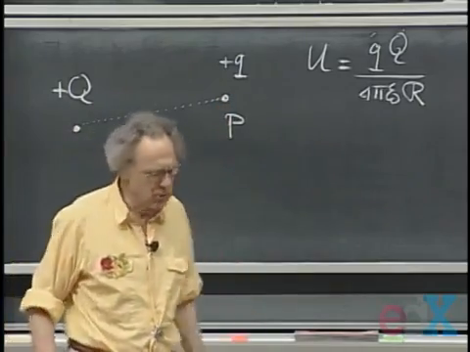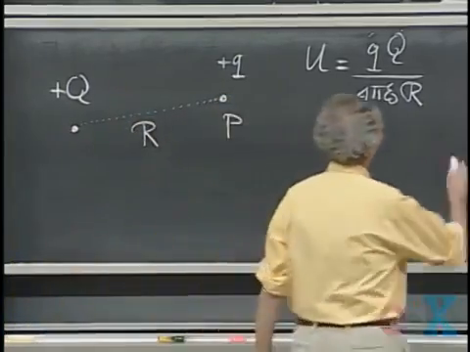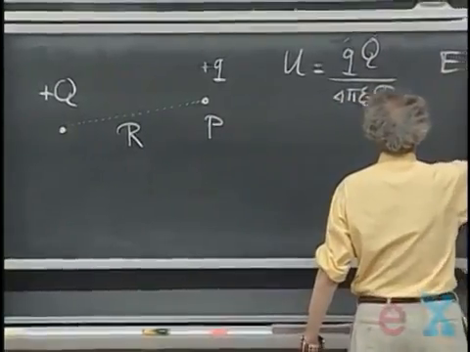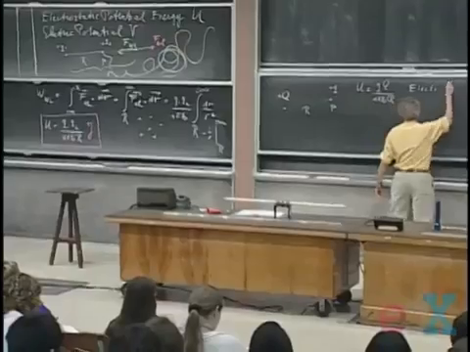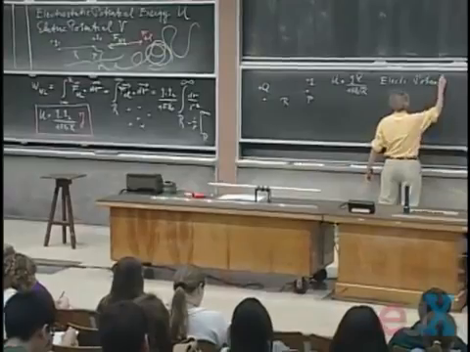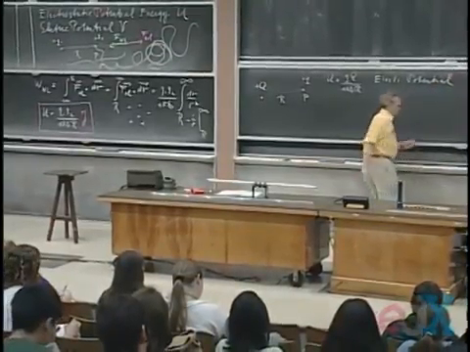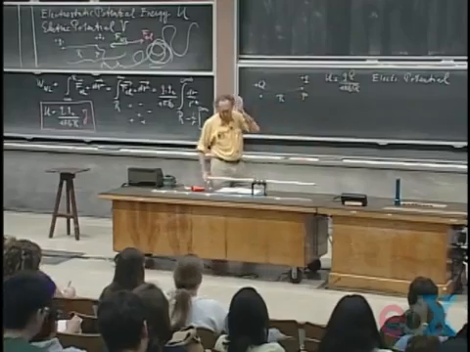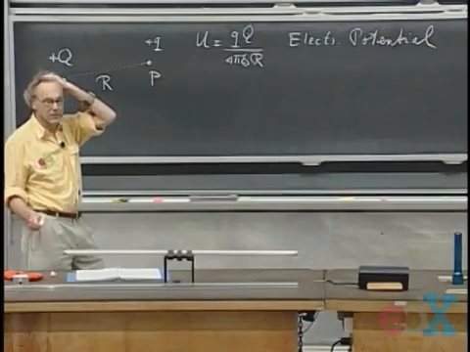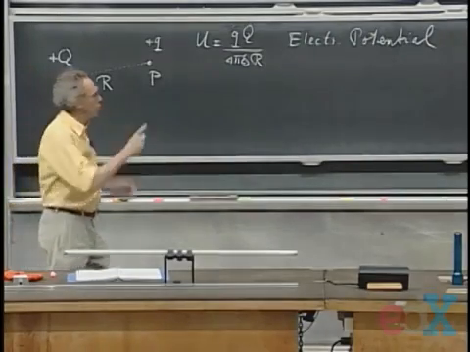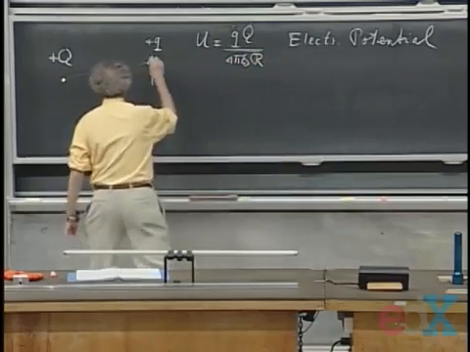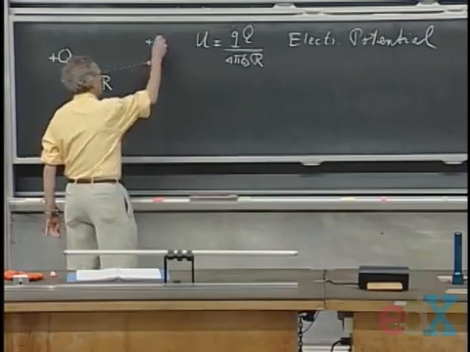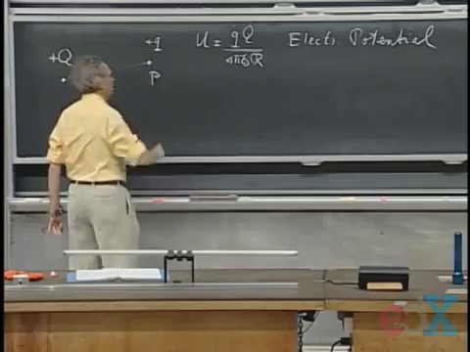Now I'm going to introduce electric potential. And that is the work per unit charge that I have to do to go from infinity to that position. So little q doesn't enter into it anymore.